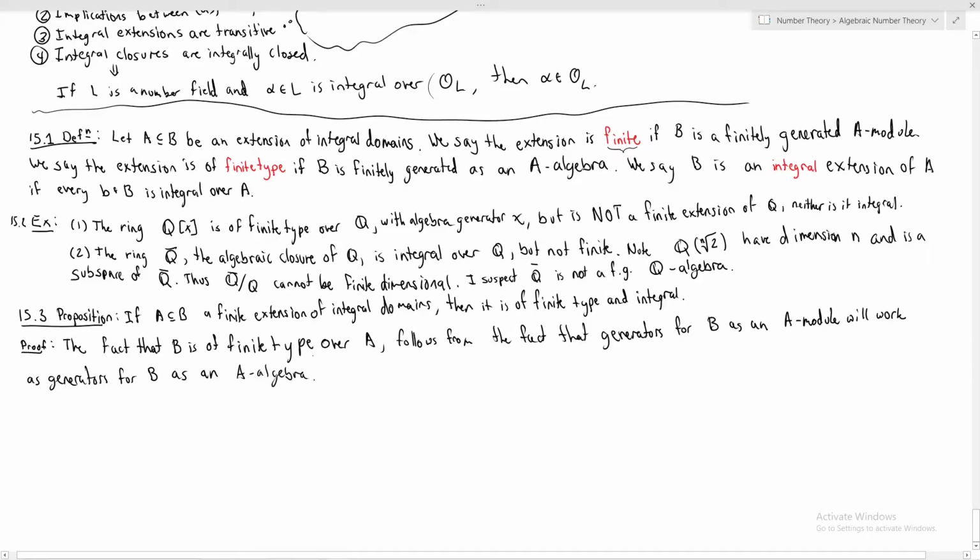Okay, so one way to think about this is being finitely generated as an A module basically says that every element in B is an A-linear combination of some fixed finite list of elements in B. And being of finite type means that every element in B is not just an A-linear combination, but a polynomial with coefficients in A in these fixed finite elements in B. So basically, being a finite extension is strictly stronger than being of finite type.